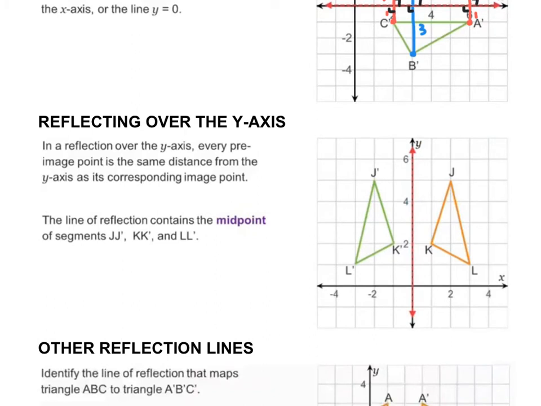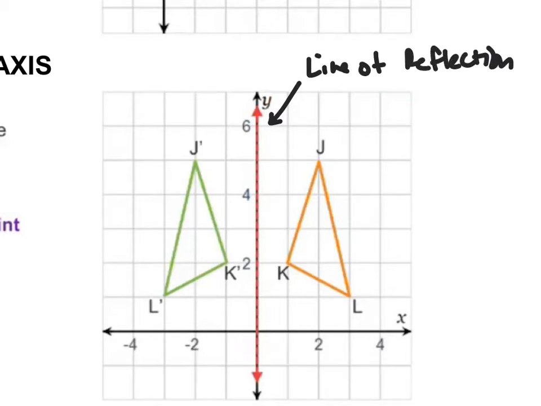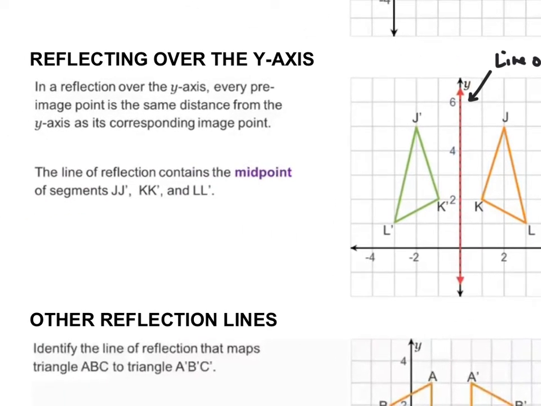So in a reflection over the y-axis, let's take a look at that. In a reflection over the y-axis, every pre-image point is the same distance from the y-axis. So here, this is my line of reflection, okay? And so if I go from the point J to J prime, let's see what it says here. Okay, the line of reflection contains the midpoint.